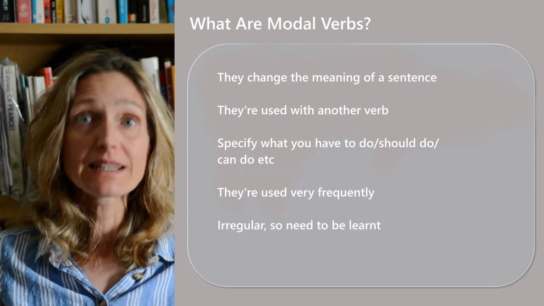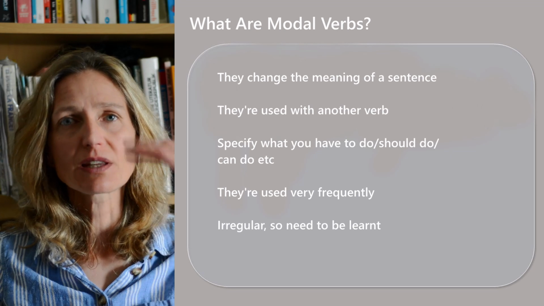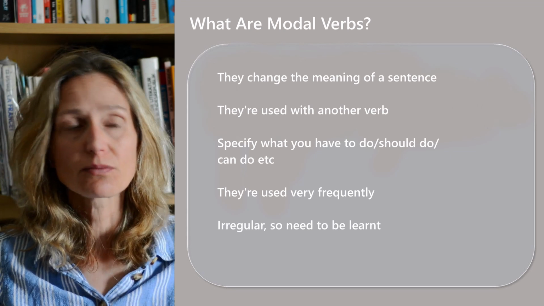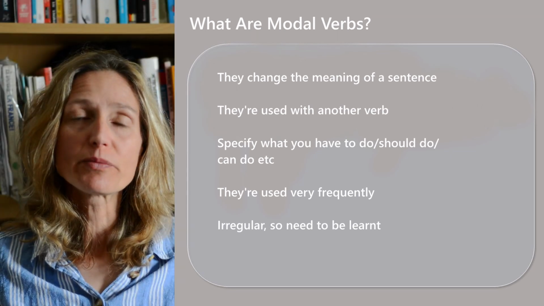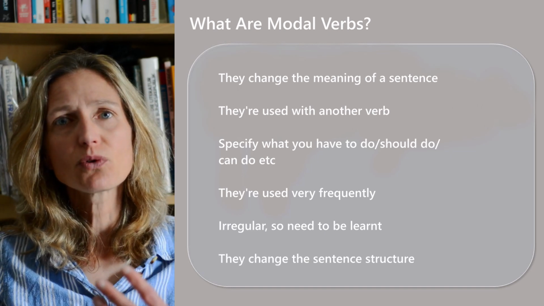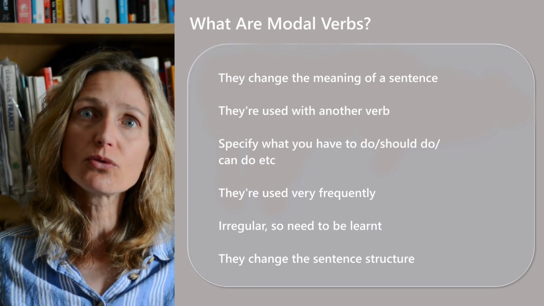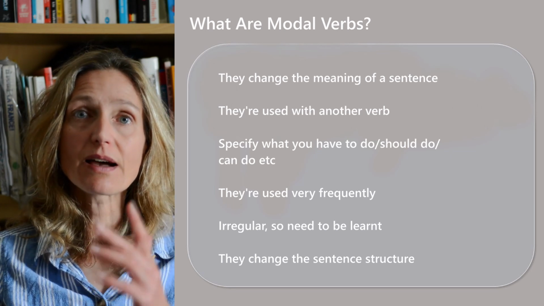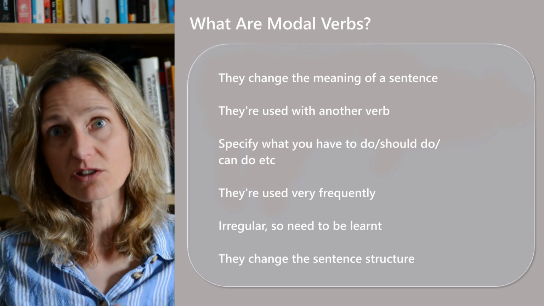They're also irregular, so it's very important that you learn the conjugations. Using a modal verb in a sentence will change the sentence structure, and so it's important for you to know how the sentence structure has to change.